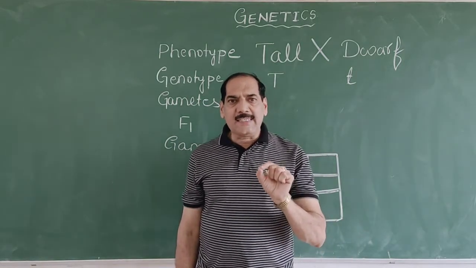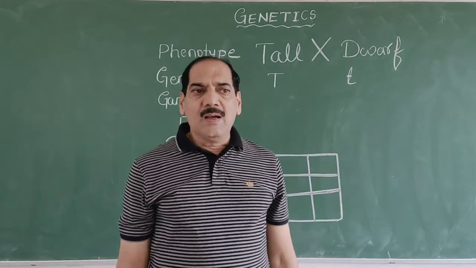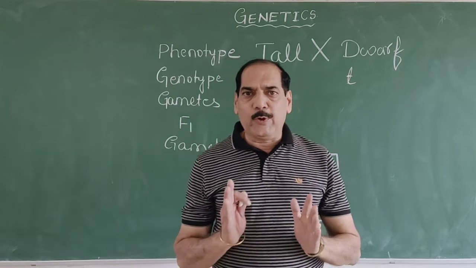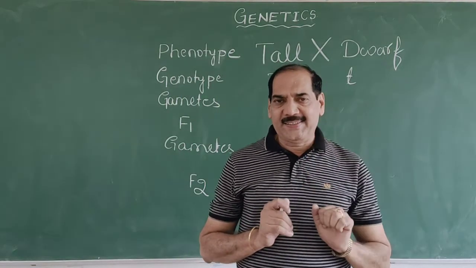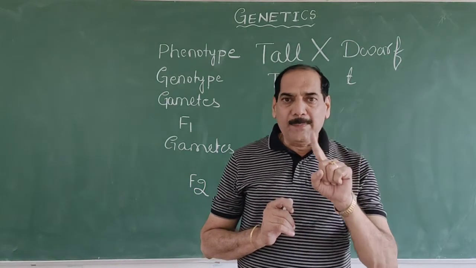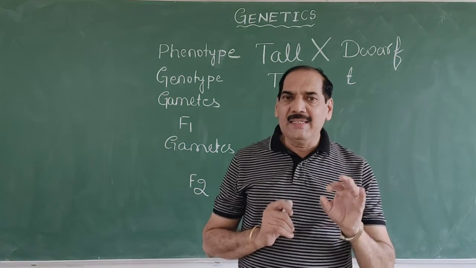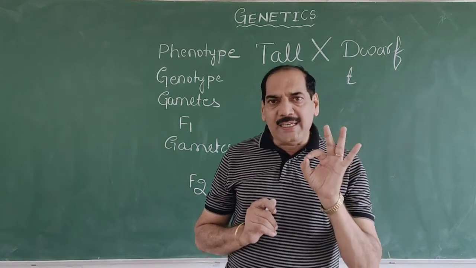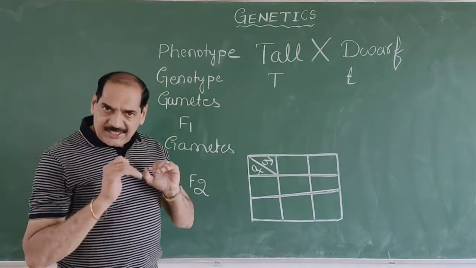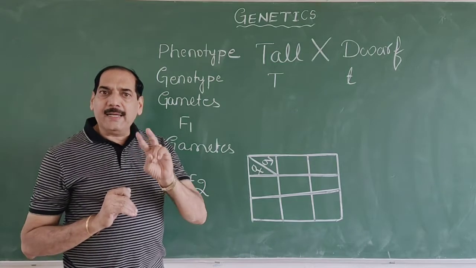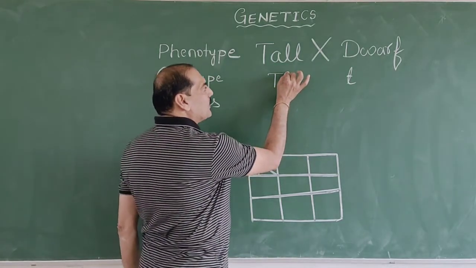Because all sexually reproducing organisms have two parents, one male parent and one female parent. That's why in all sexually reproducing organisms, characters are controlled by a pair of factors that is denoted with two letters.